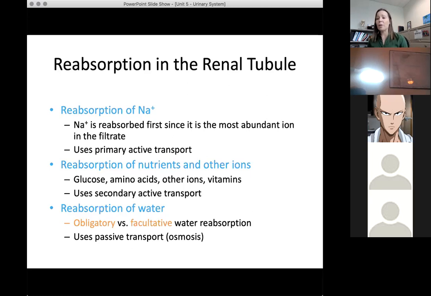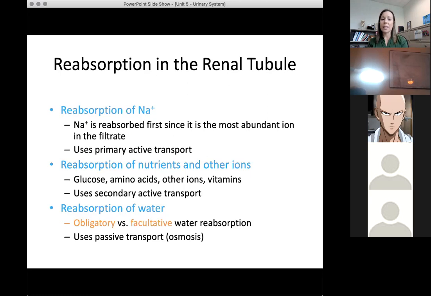We said that sodium is the first thing that gets reabsorbed, and then water follows. Pretty much as a rule in the body, wherever sodium goes, it pulls water with it. So water follows the movement of sodium. And that is always going to happen, always.